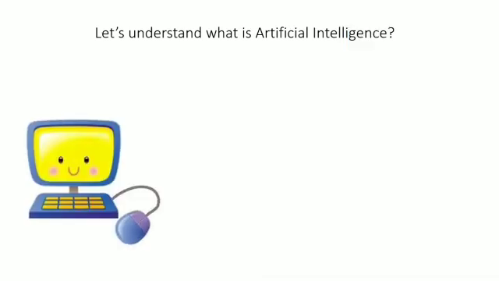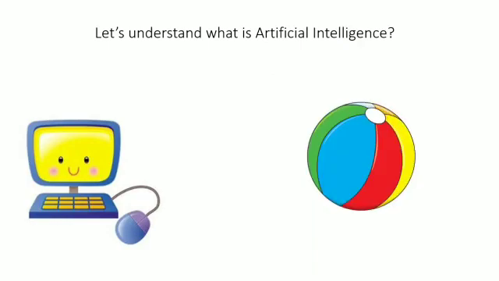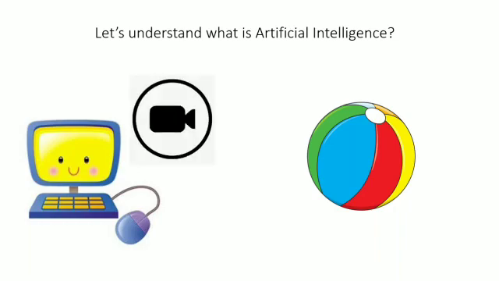In the same way, when a computer sees a ball, at that time it could not identify it or react. So it uses video recording or a web camera to see that object. It works as an eye of the computer.